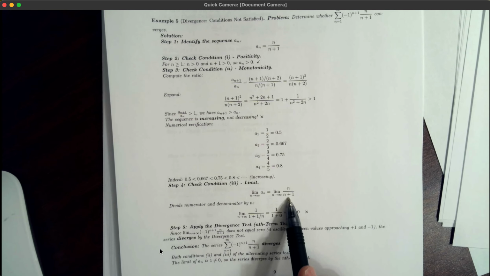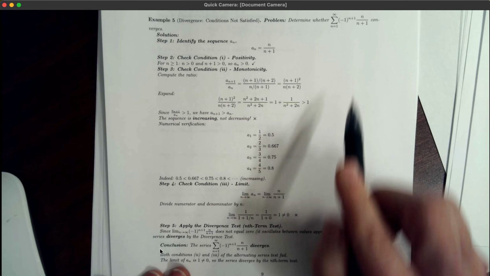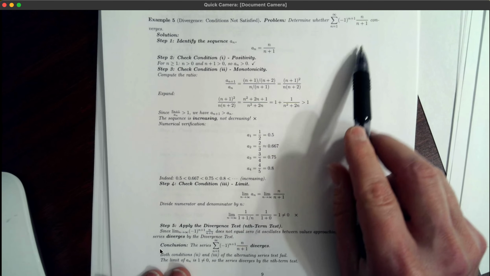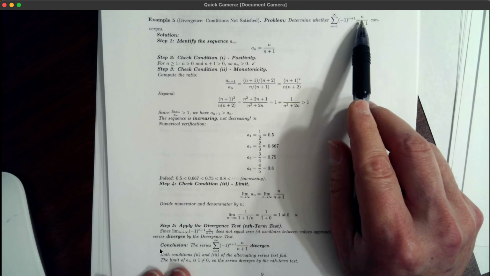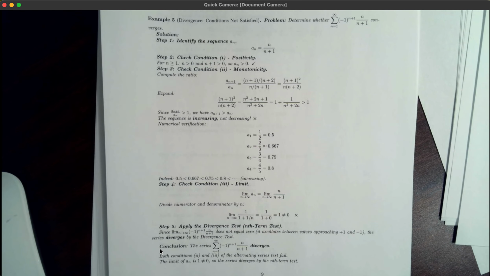You can't add up infinitely many terms, even with alternating negative signs, unless the terms go to 0, and that does not. So it does not satisfy the alternating series test, and it fails by the divergence test.